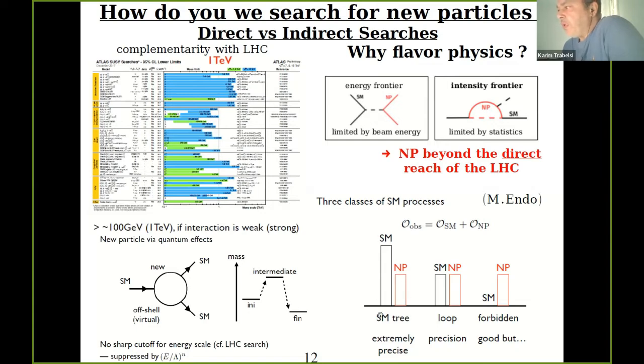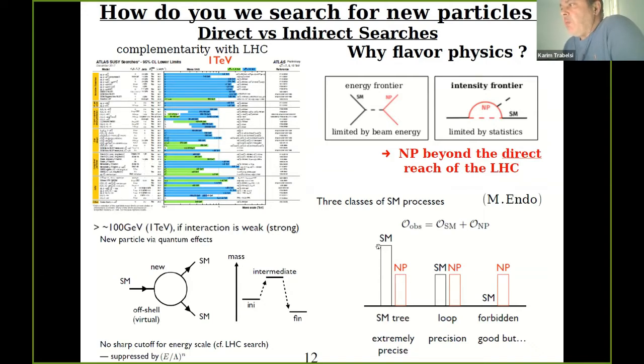The first one concerns, and I will show a few, typically what we call RD star, which is the decay B to D star tau nu or D tau nu. So where the Standard Model decay is a B to C, and this time a W decaying to tau nu, where the new physics can compete.